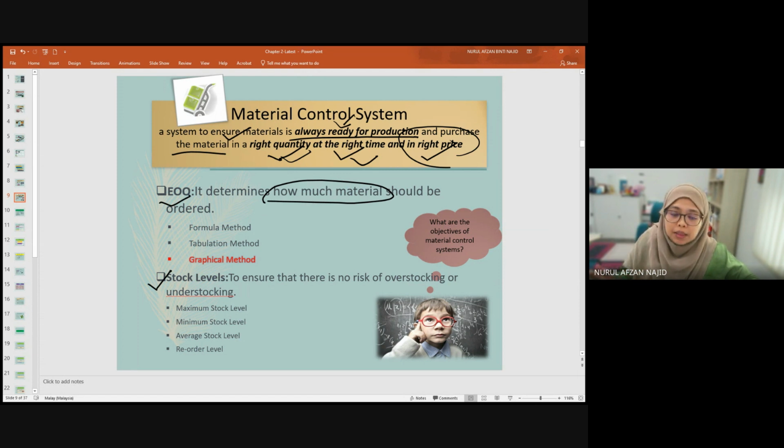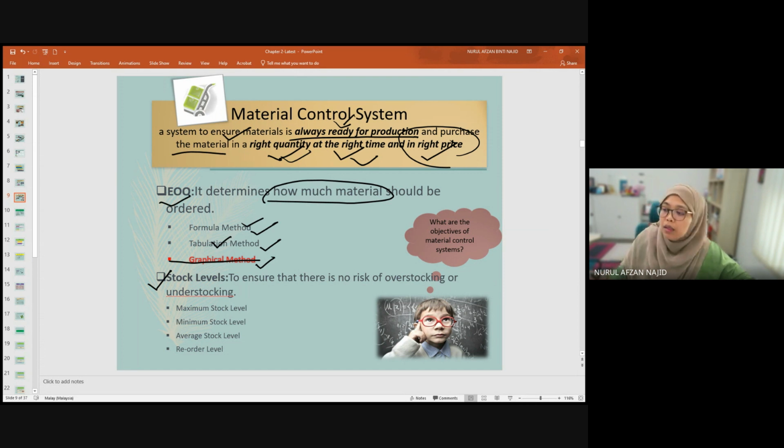Berapa banyak material yang kita perlu order, menggunakan formula method, tabulation method, graphical method. Kenapa Madam merahkan graphical method? Sebab dia tidak akan ditanya dalam test. Yang akan ditanya dalam test hanyalah formula dan juga tabulation. So it is a must question. Memang akan masuk.